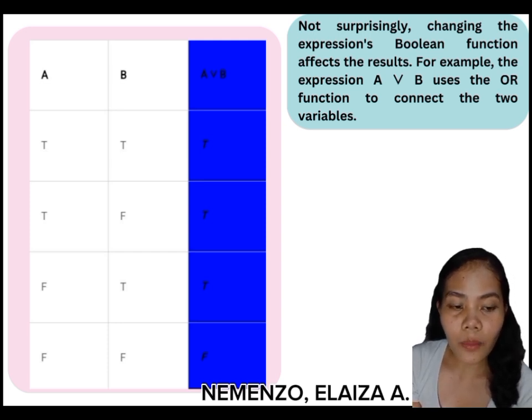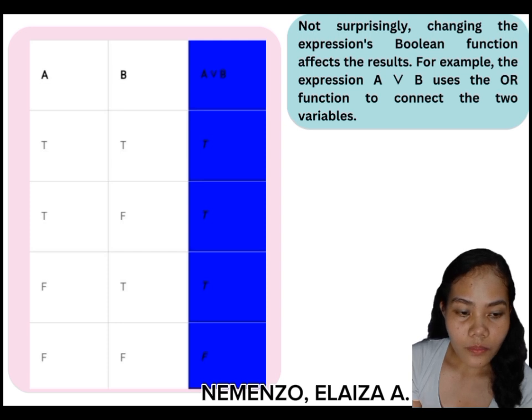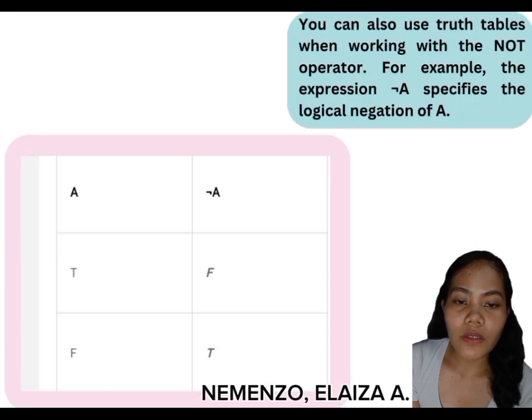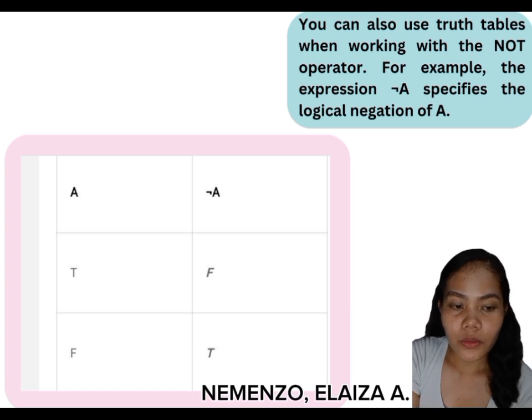In the third column, A or B, which is highlighted in blue: true, true, true, false.